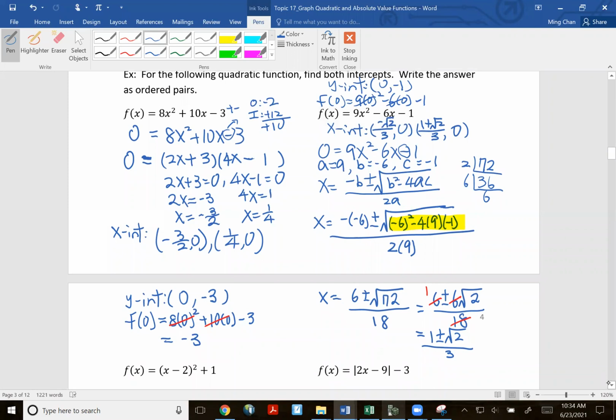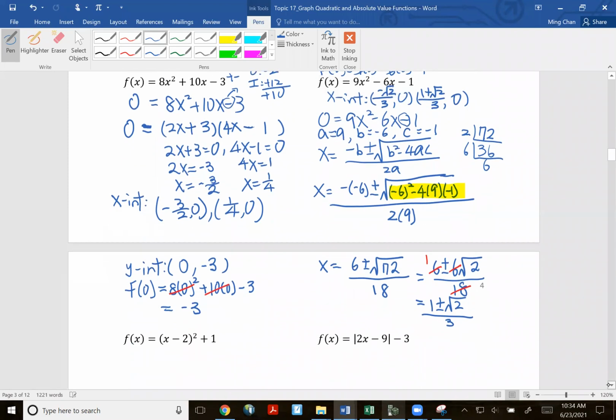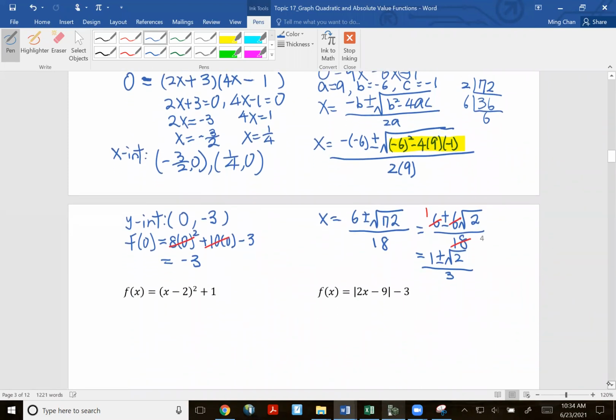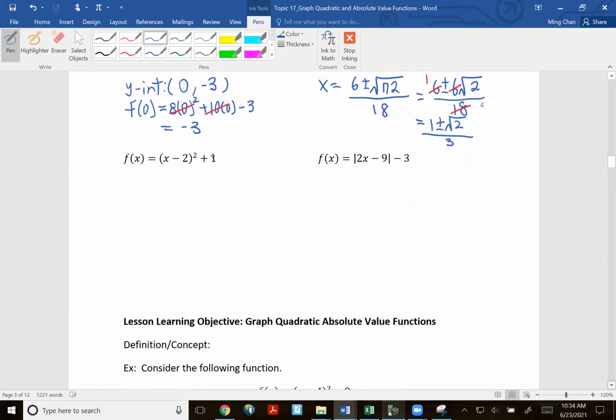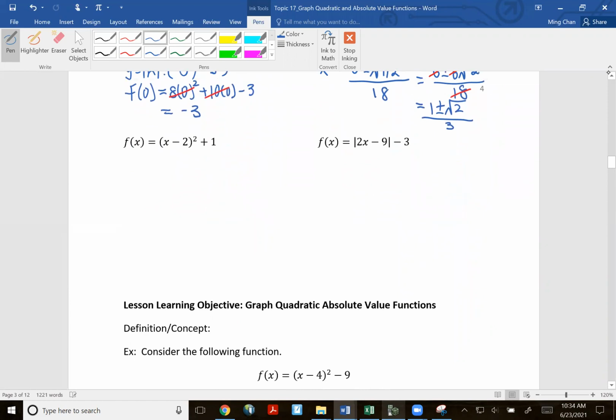All right, let's try another one. Quadratic function, but this time it's written in general form. So the same step, I'm going to set my function f of x equal to 0. Find x when y equals 0.